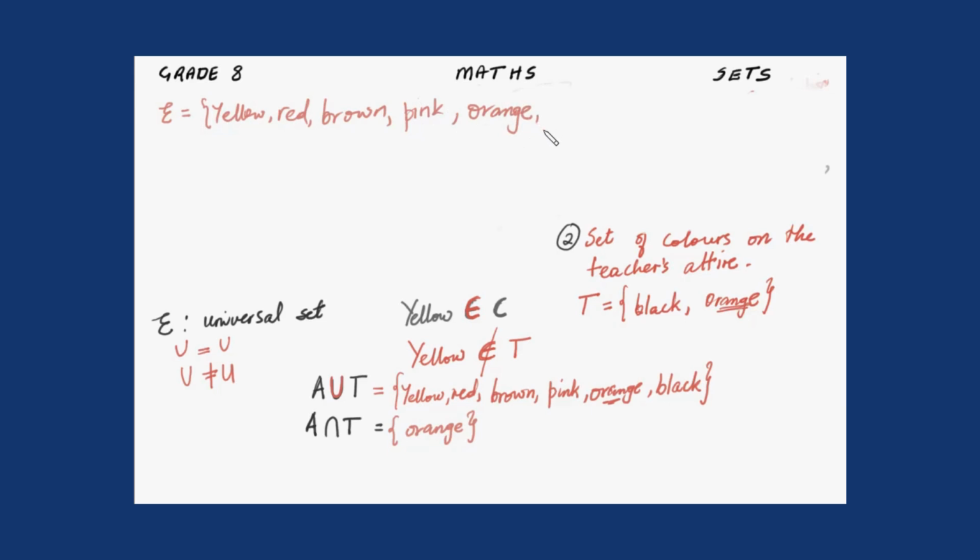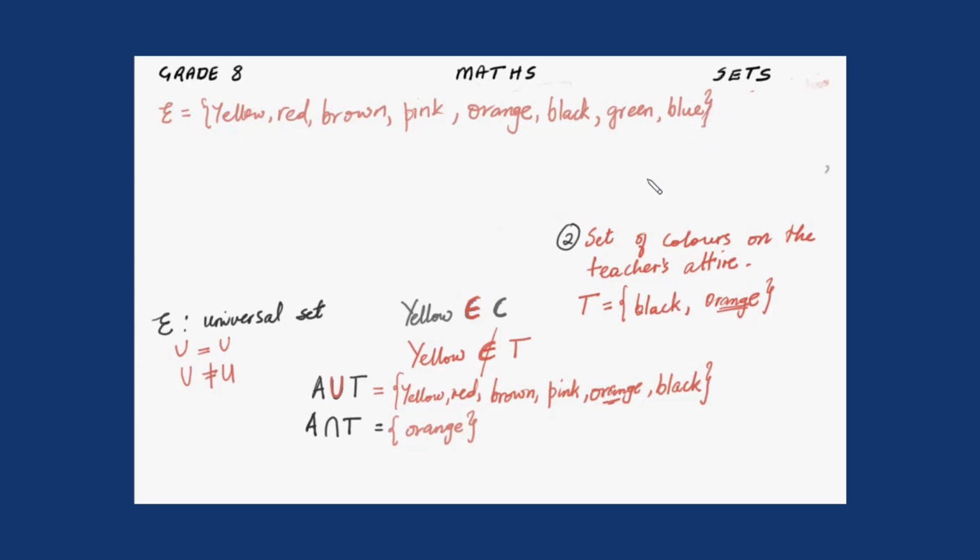What else? We have orange. Then from the other side we have black. These are the colors that appear in the two sets. I will add two more. Let's say universal set also has green. It also has blue. All right.